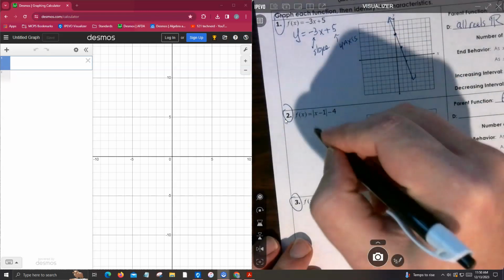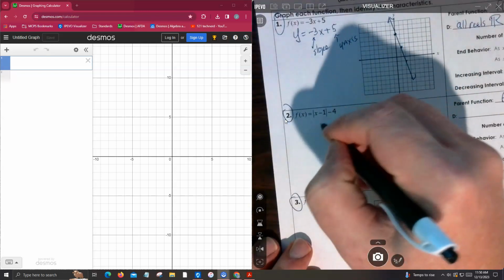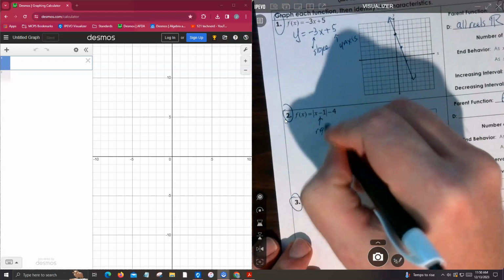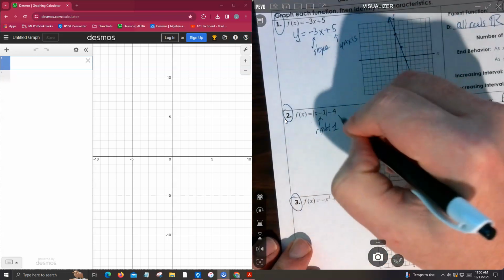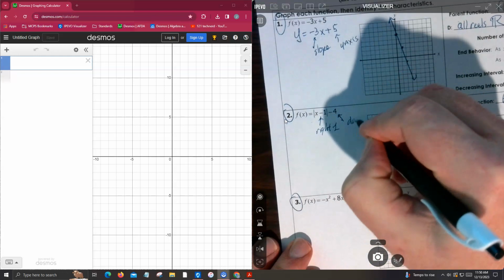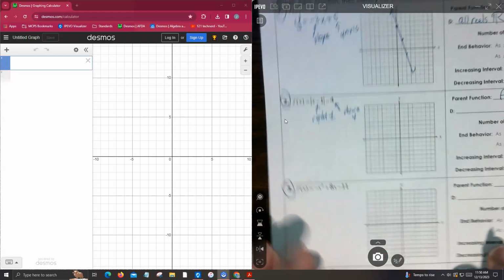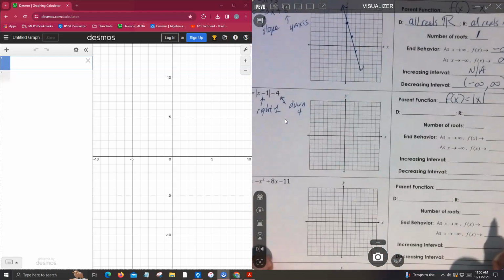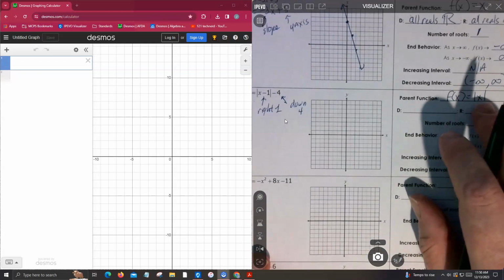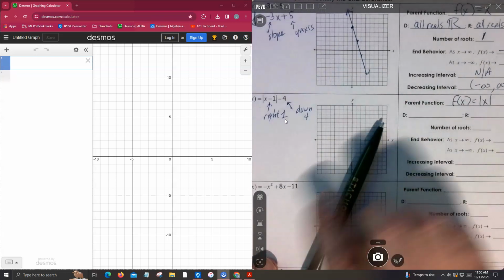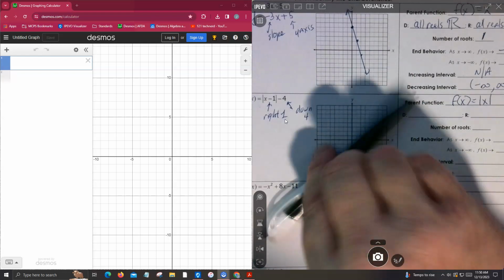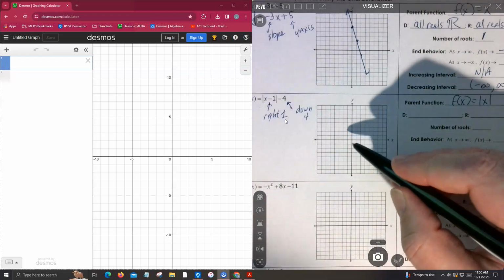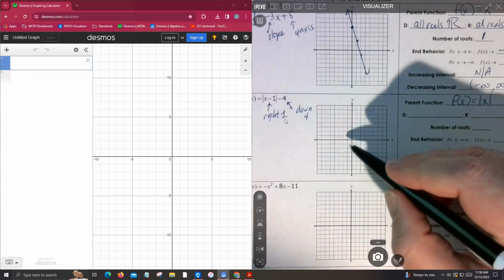In this case, this means to the right 1 unit, and this means down 4 units. So I can think about what my absolute value of x graph looks like, which is basically a V shape, where y equals x going this way and then this way.